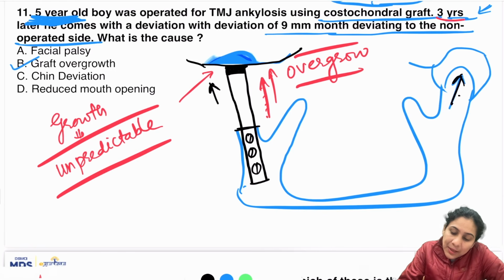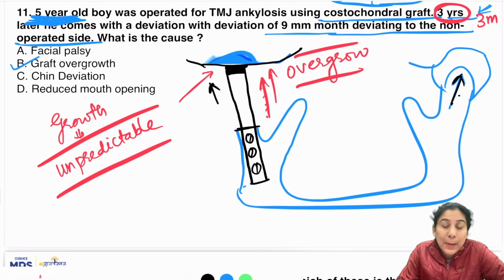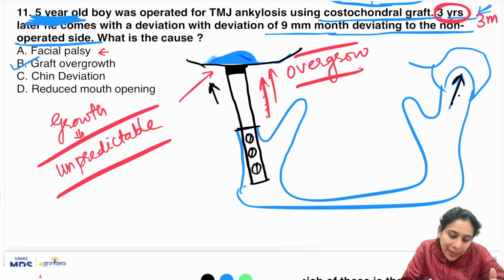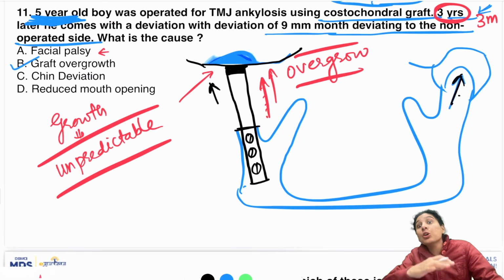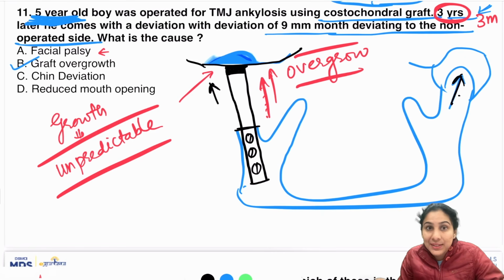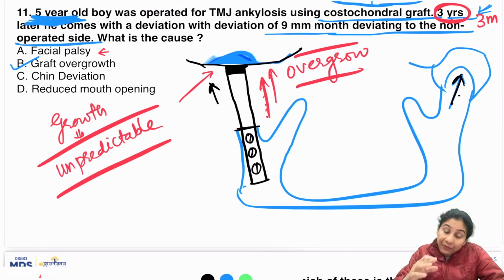So if in the exam the question says 3 months instead of 3 years, please don't think it is an overgrowth. Consider it to be a facial palsy. Okay. But if it is 3 years, facial palsy resolves within a few weeks of surgery. It will not stay till 3 years. All right. So after 3 years, what can happen? It can overgrow. So what will happen?